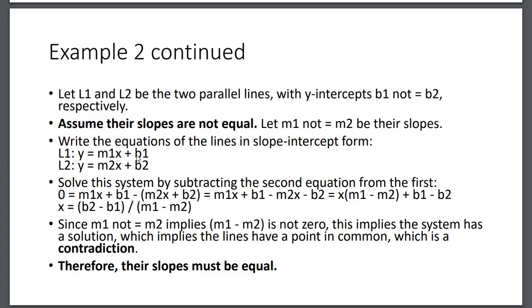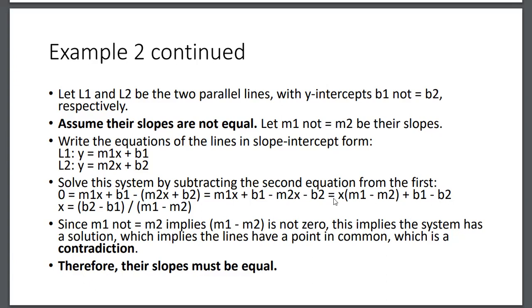Here we have M1x plus B1 minus this binomial, so we put in parentheses minus M2x plus B2. Distribute the minus sign. We have M1x plus B1, then minus M2x and minus B2. Take the common x and factor it out of these two terms, and we have x times M1 minus M2 plus B1 minus B2.